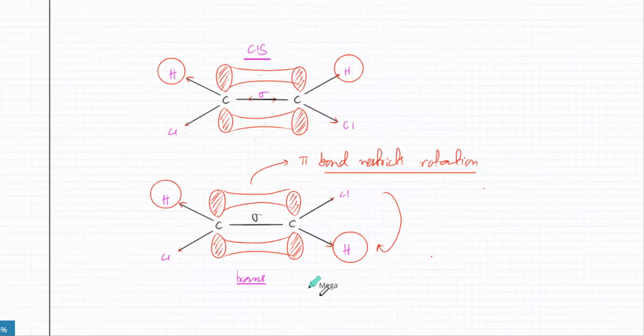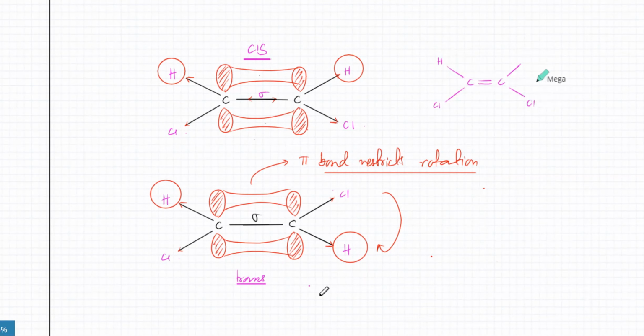And we can draw a simplistic diagram with the shape because they're going to ask you to draw the shape. So the shape around the double bond is fan shaped. Like if I don't show the pi bond, this is fan shaped. The angles are 120 degrees. So in one molecule, the H and Cl are pointing in the same direction. I mean, over here, the Cl is also pointing downwards and the H is pointing upwards.